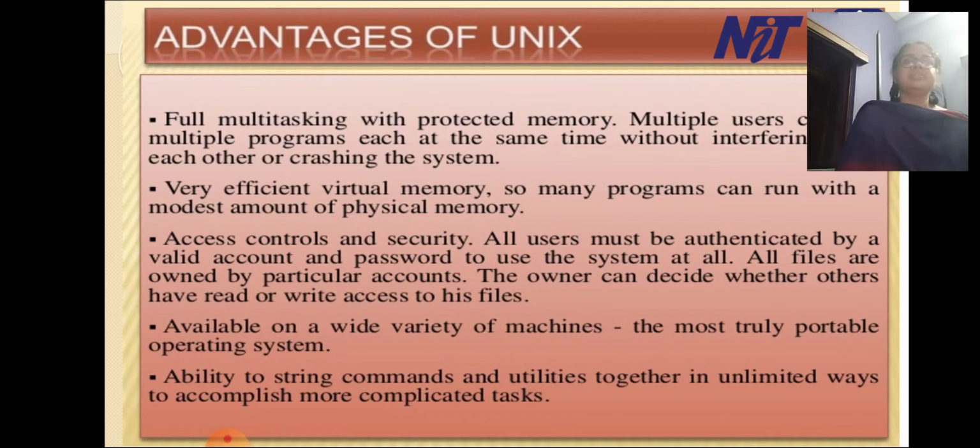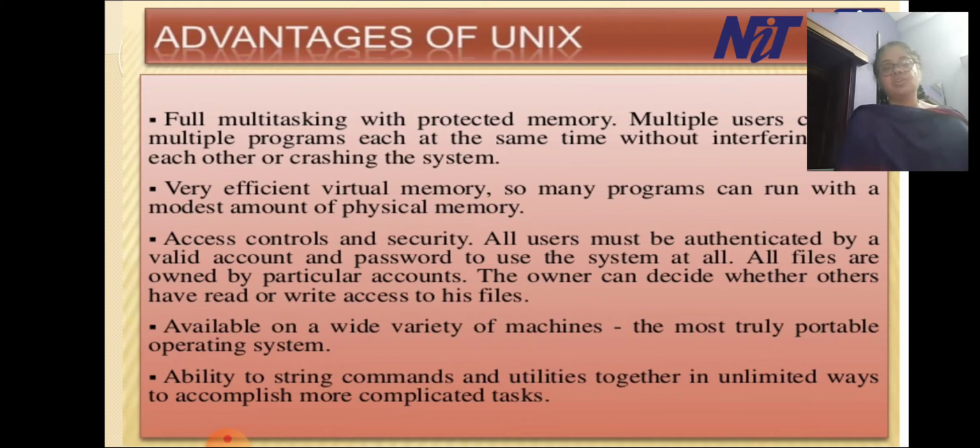The operating system uses protected memory, a memory allocation system whereby a given block of memory can only be accessed by one application at a time to enable full multitasking, allowing multiple users to run multiple applications without risking a system crash. In addition, Unix applications generally require a fairly small amount of physical memory to run.